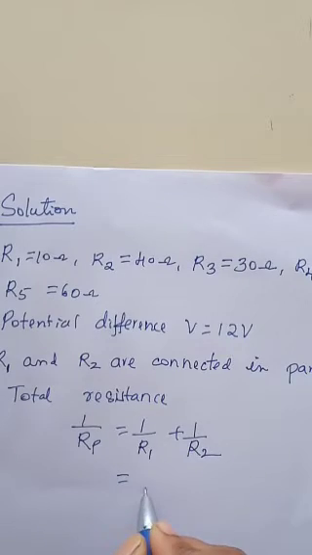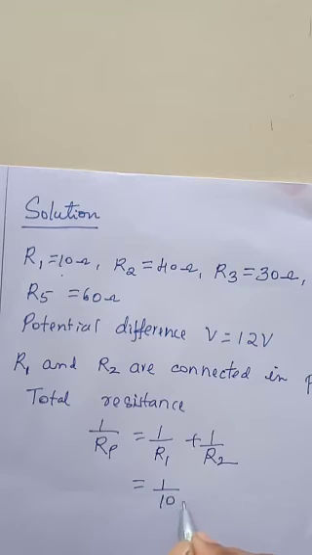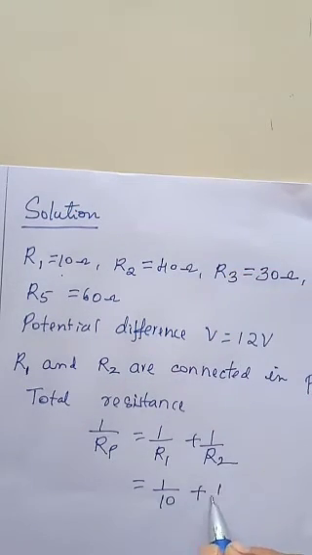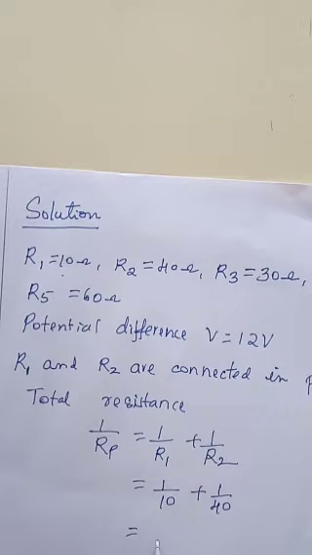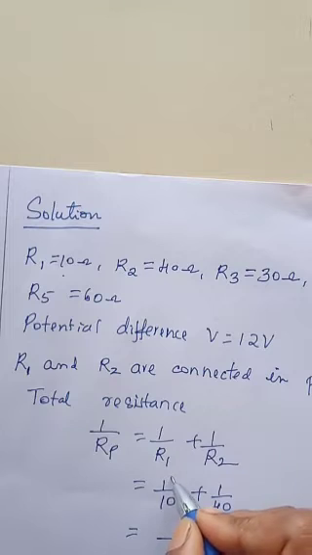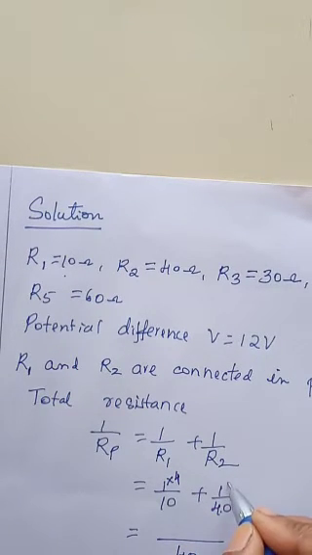Substitute the values. 1 by R1, R1 is equal to 10 ohm, 1 by 10 plus 1 by R2. R2 is 40 ohm, 1 by 40. Find the LCM of 10 and 40. It is 40. 10 4s are 40, so multiply by 4. 40 1s are 40, multiply this 1 by 1.